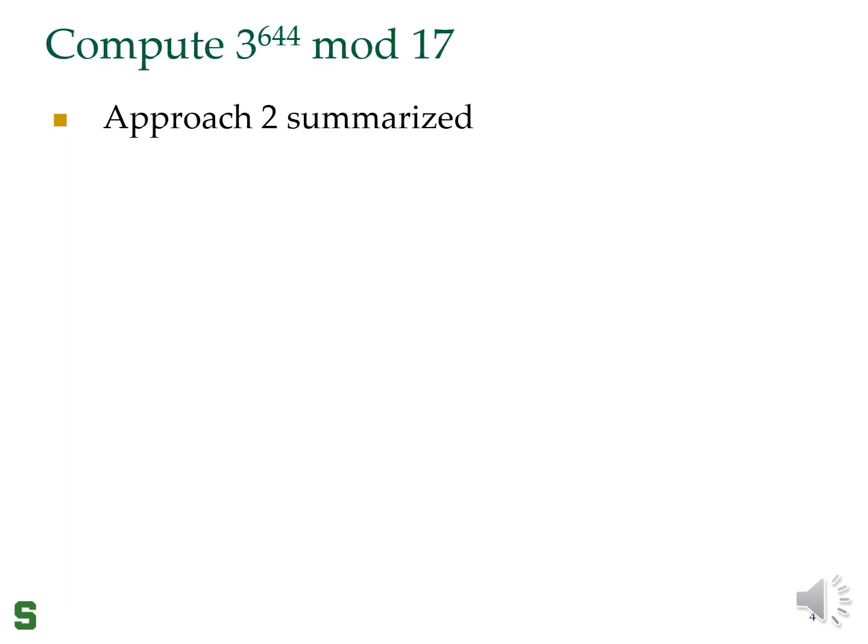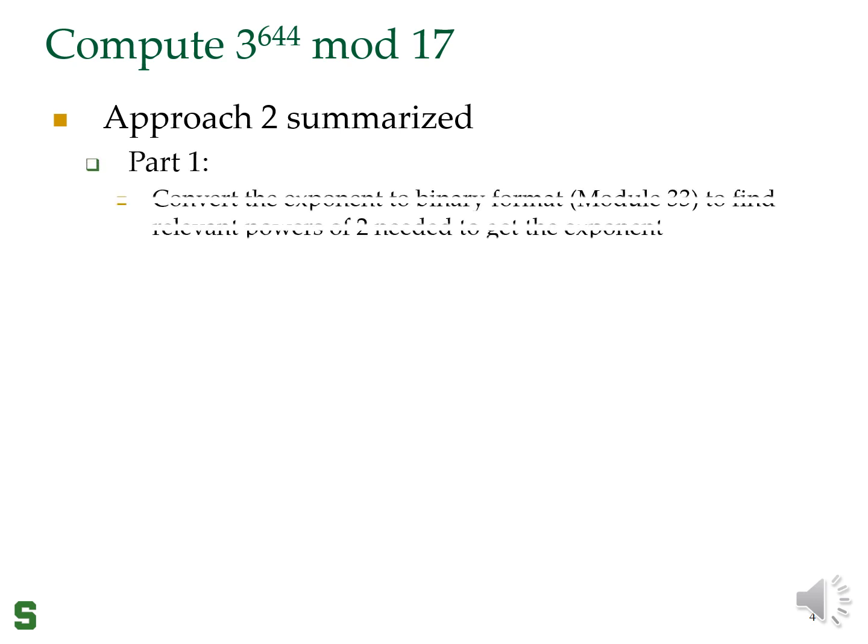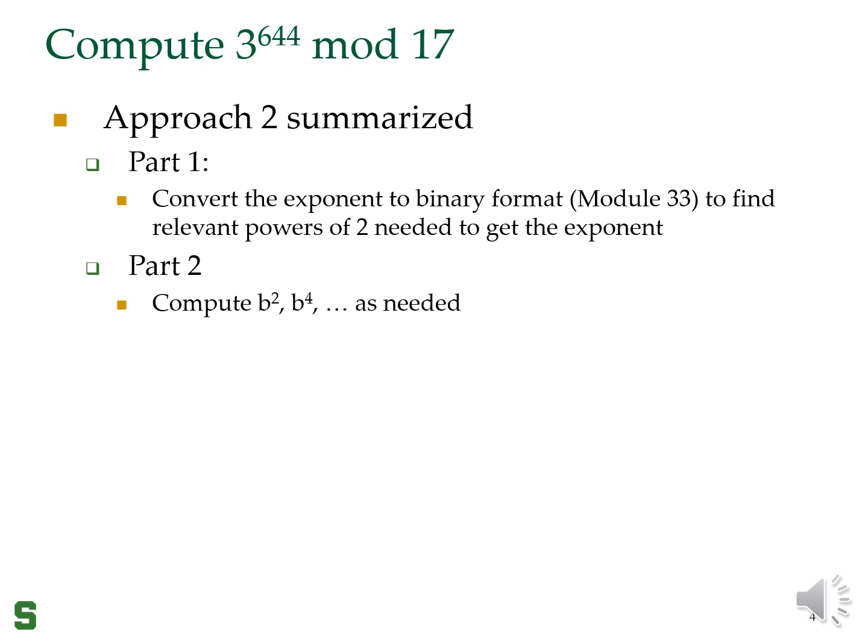So approach 2 can be summarized as follows. First, convert the exponent into a binary format. This is something we saw earlier. To find the relevant powers of 2 that you need to compute. Part 2, put part 1 aside and just compute b square, b to the power 4, b to the power 8, 16, 32, and so on and so forth.